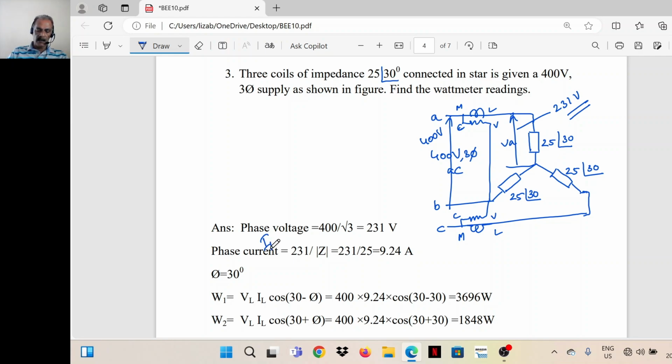Phase current is equal to phase voltage divided by phase impedance. So 231 divided by the impedance of one phase, 25 ohms. 231 by 25 is 9.24 ampere. That is the phase current. Phase current is equal to line current in this case, 9.24 ampere.